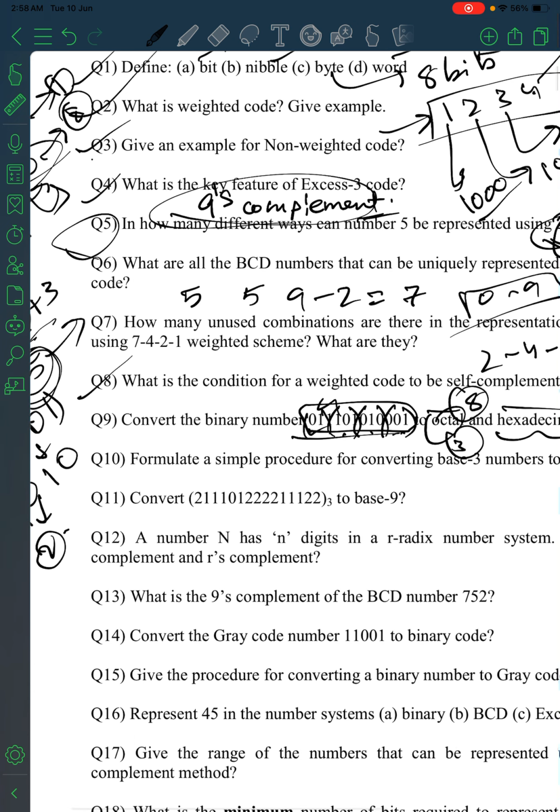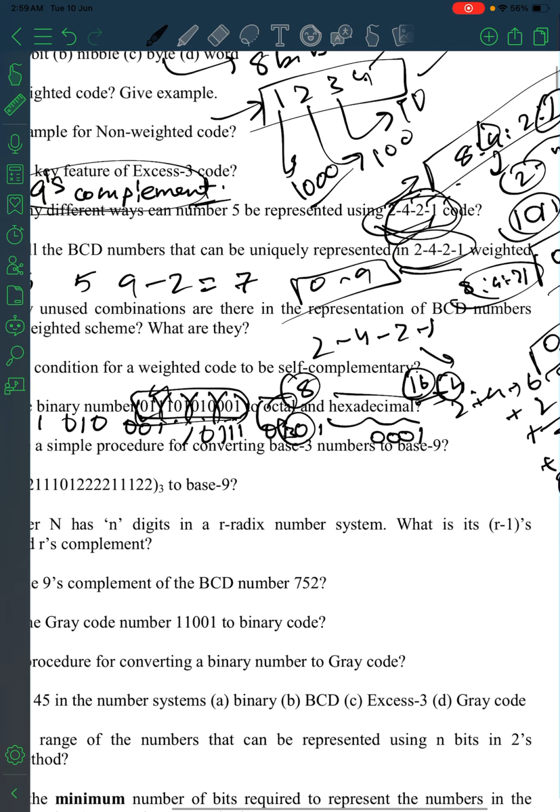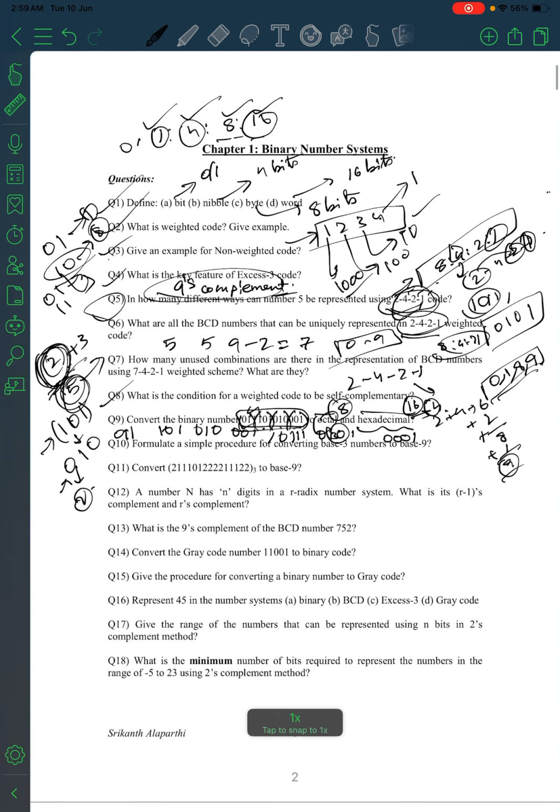For more clarity, we can write 0, 1, 1, 1, 0, 1, 0, 1, 0, 0, 0, 1. So in this way we divide the given binary number into groups: groups of 3 give octal, and groups of 4 give hexadecimal.